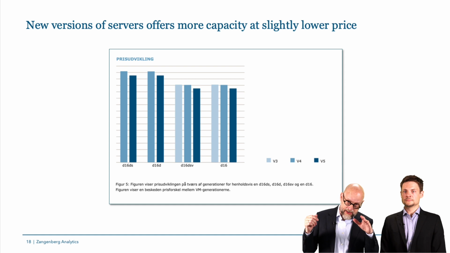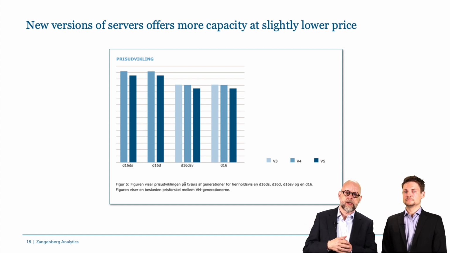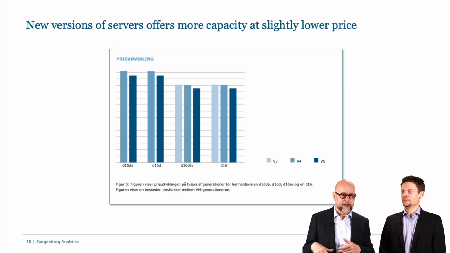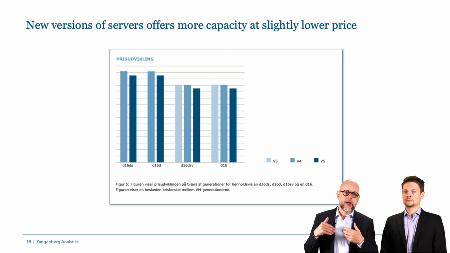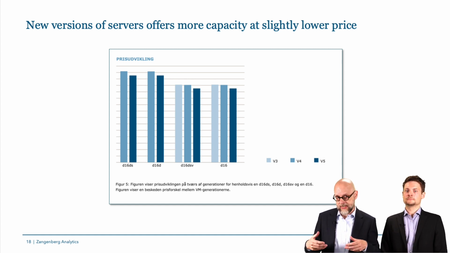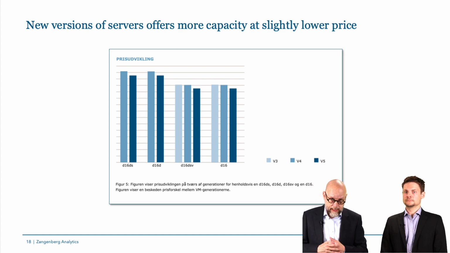So what we are seeing is new versions tend to be a little cheaper than the older version. Not significantly cheaper, but a little cheaper. They give you higher performance, so you get more transactions per minute out of the servers.